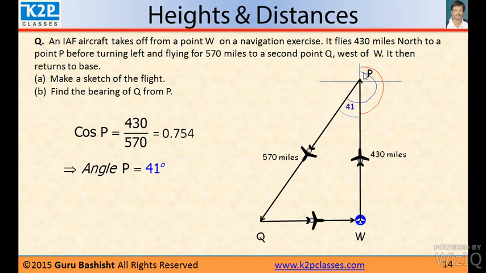So see, from the north line up to this red one is 180 degree, as we know that on a straight line you take any point, one side is 180 degree. And then we have to find out the bearing. Bearing is from here to here total. So 180 degree plus 41 degree, that is 221 degree. So this is the bearing of point Q from P.